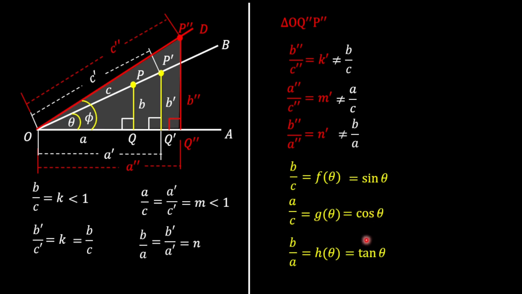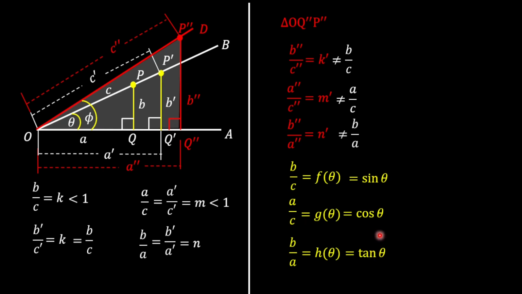And for the h function, they wrote tangent of the angle, which are abbreviated as sine, cos, and tangent. So the trigonometric functions sine, cos, and tangent are in fact the functions which describe the ratios of the different sides of a right triangle.